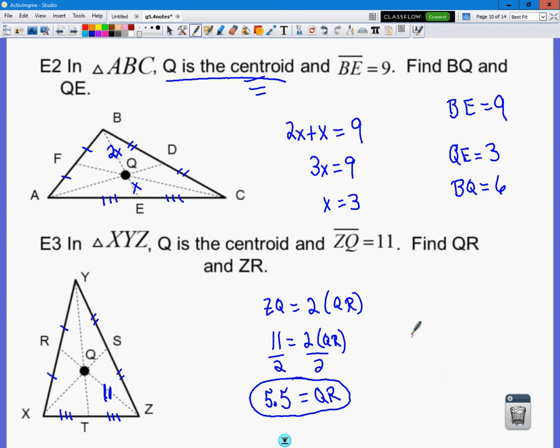Questions on either one of these two examples? DQ equals 2QR. How did I know that?